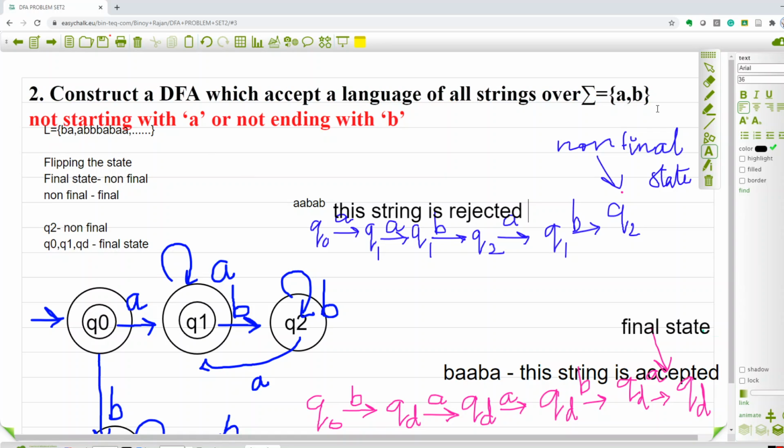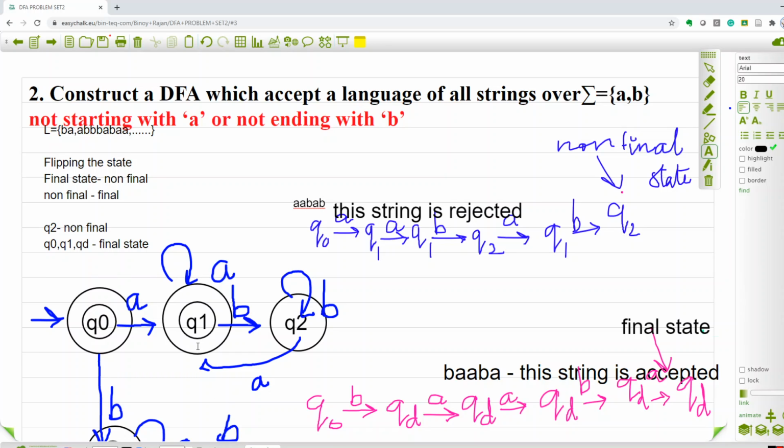Because it's starting with A, and the other condition, not ending with B, is also not satisfied. So both conditions fail. If I say A over here, I will reach Q1, and from Q1 with B it is Q2. So I don't reach the final state, so that string is rejected.